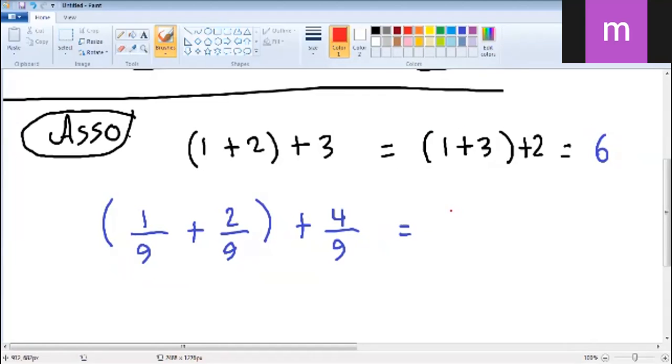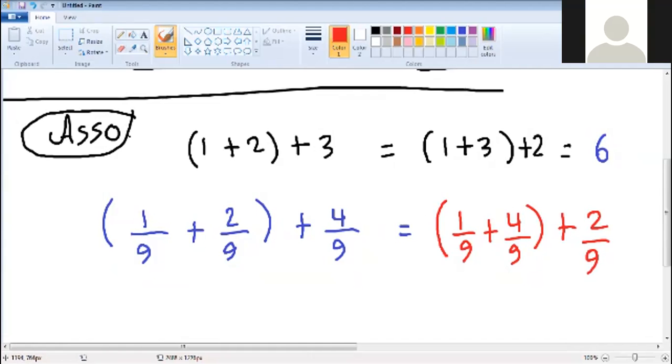That's right. So now let me write it in another way. I'm gonna put 1/9 here plus 4/9 plus 2/9. Is there any change in the answer? No, we just changed the position. Yeah, that's right. So this is called associative property.